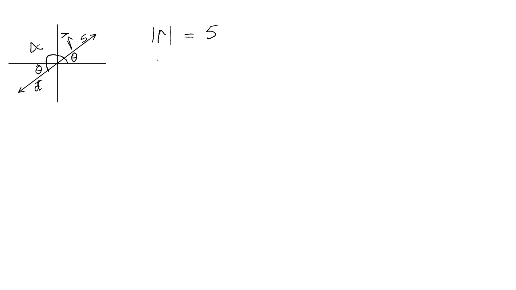And then if we say that theta equals 45 degrees, we can say that r equals 5 at 45 degrees, because the general form is going to be r theta or r alpha, depending on how you're describing it.